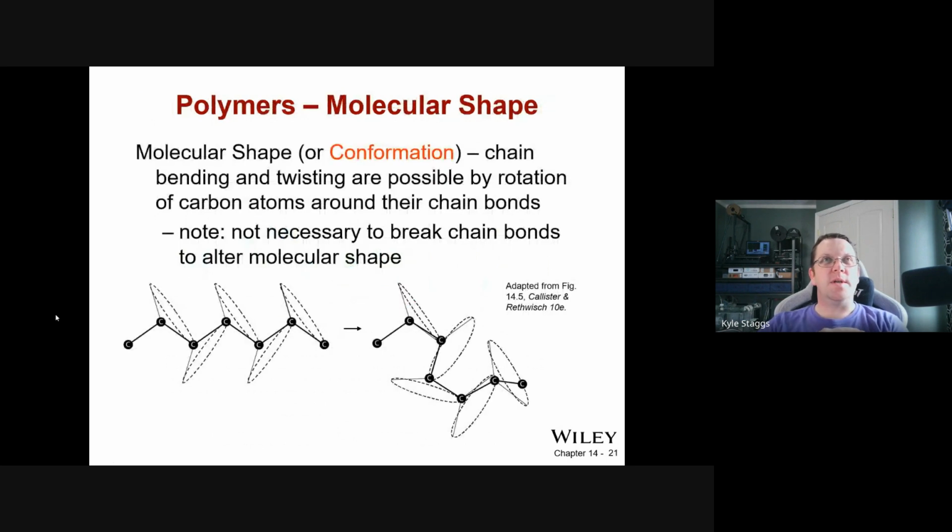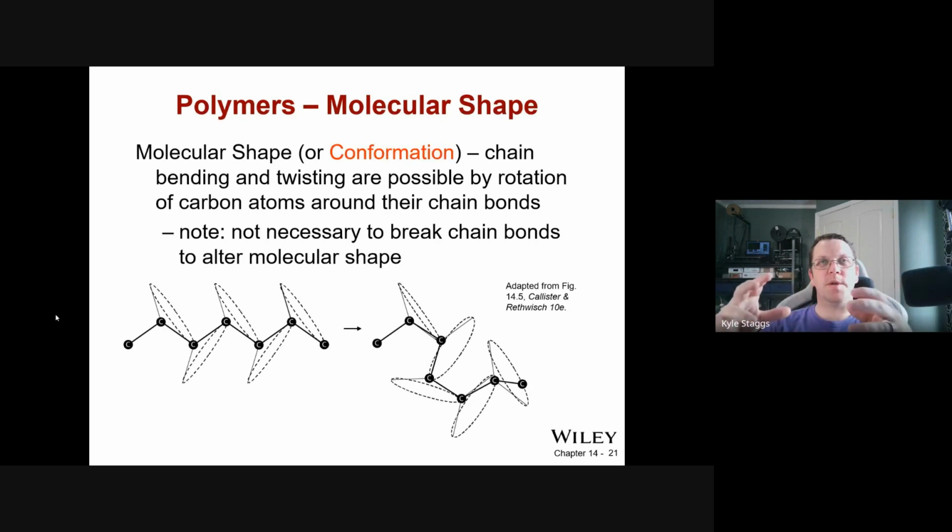So for this, there's a couple examples drawn here. Basically, with a single chain, they can rotate and do all sorts of things. They can do a hula hoop around each other, and all of these bending and twisting modes are available to the long single bond chains.